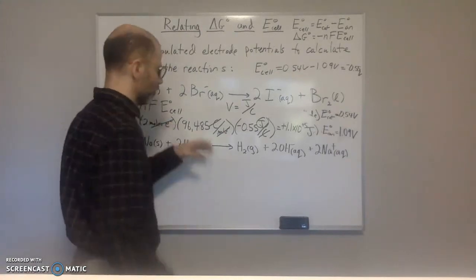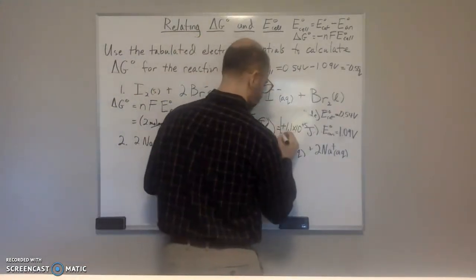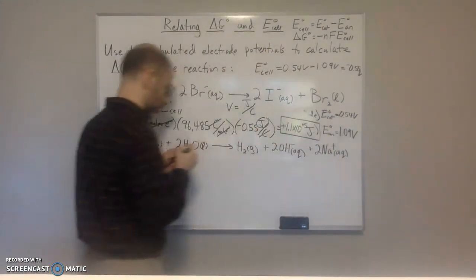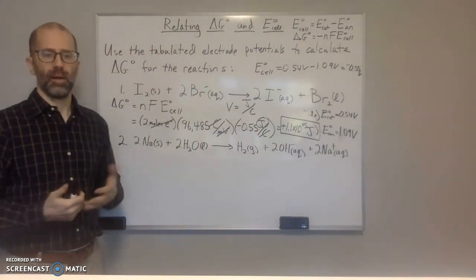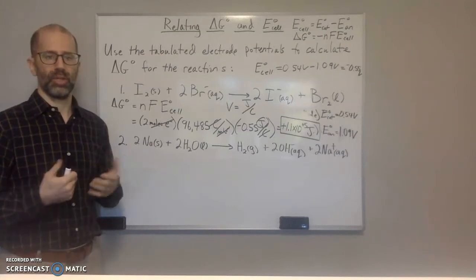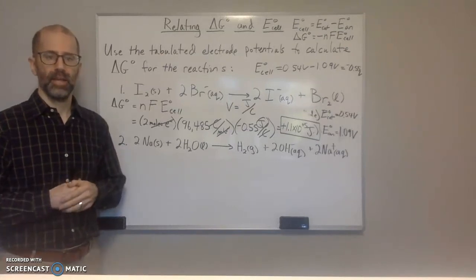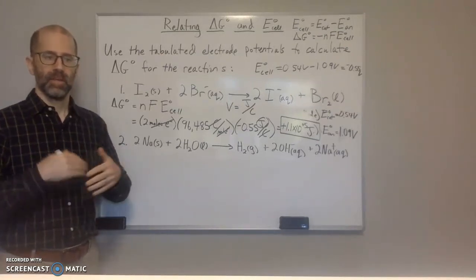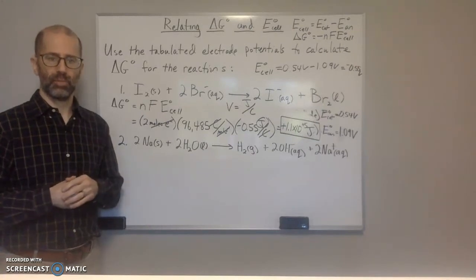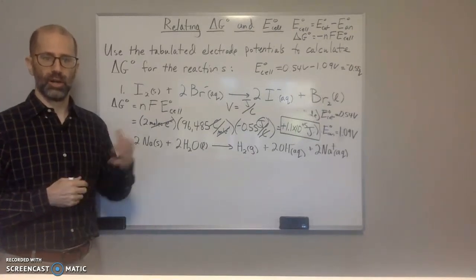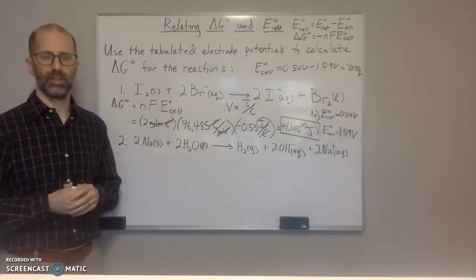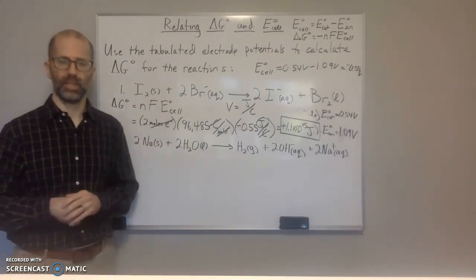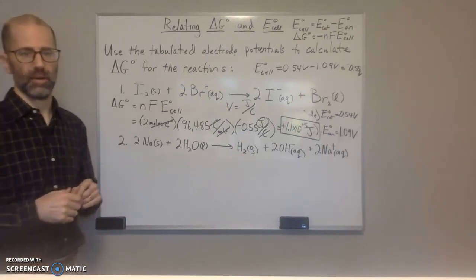Now that we have our Gibbs free energy, we can say whether or not this is going to be spontaneous. In a previous video, we looked at the comparison between the electrode potentials of the reduction half reactions of your redox reaction to figure out whether it's going to be spontaneous that way.